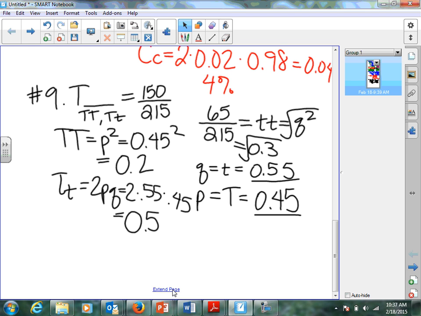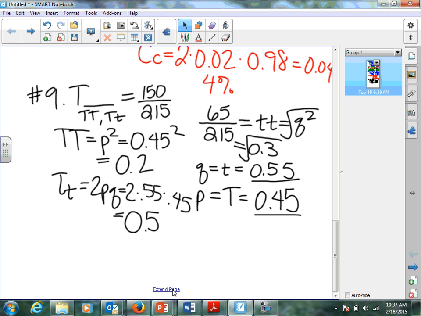This is why we use Hardy-Weinberg probability, because if your population is in Hardy-Weinberg, if all of those 5 conditions are met, if there are no agents of evolution in action, then you should be able to use these numbers to predict.